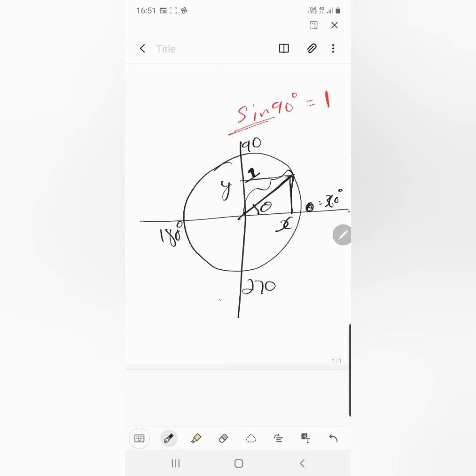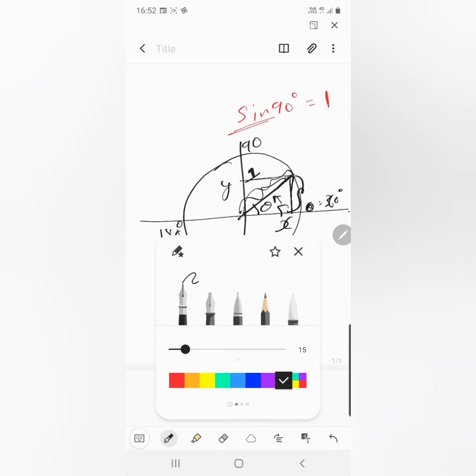And sine theta in a right angle triangle is the opposite side by hypotenuse, which is the y coordinate, and the hypotenuse, the side opposite to the 90 degrees, is 1. So in essence, the sine ratio of a unit circle is the y coordinate.